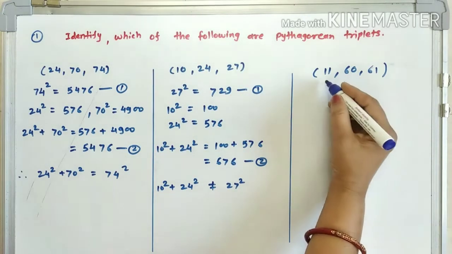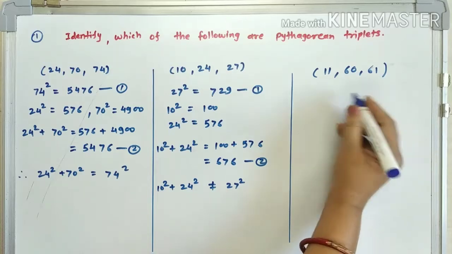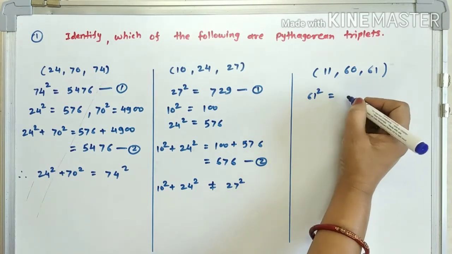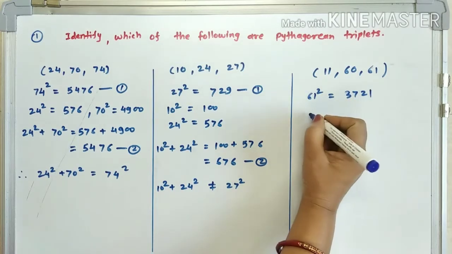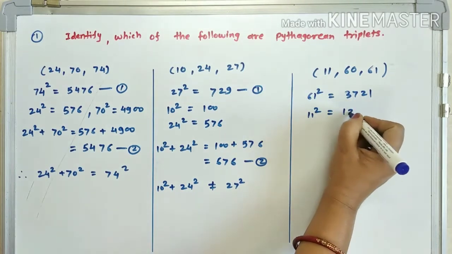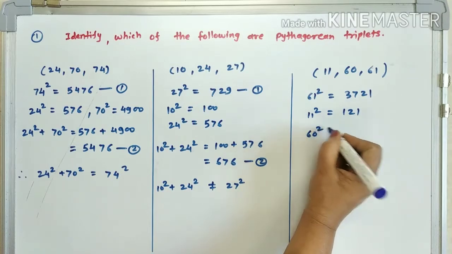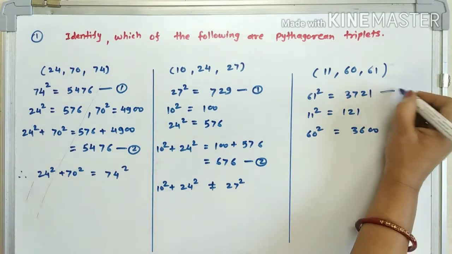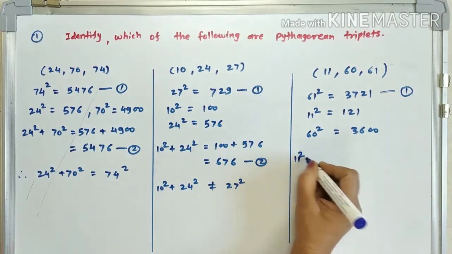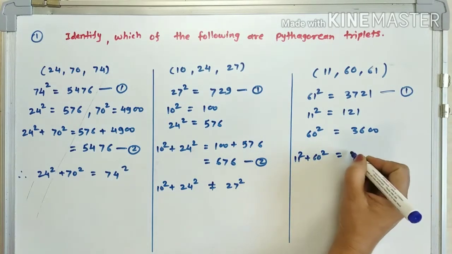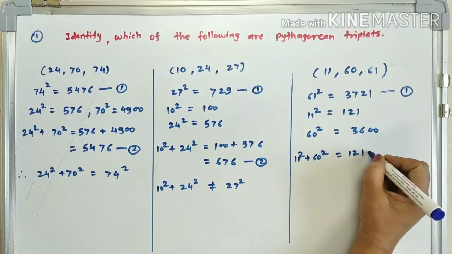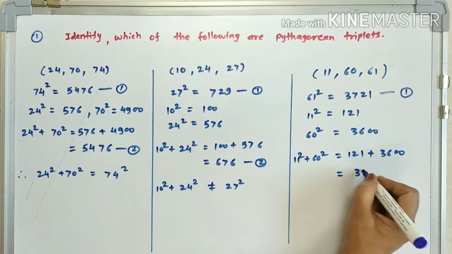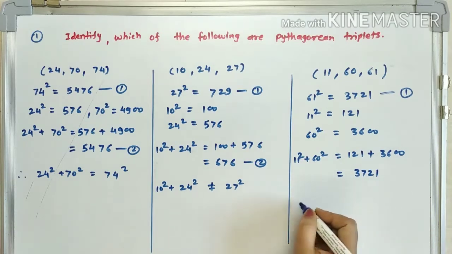Next is 11, 60 and 61. The largest number's square, 61 square, equals 3721. 11 square equals 121 and 60 square equals 3600. Now 11 square plus 60 square equals 121 plus 3600 equals 3721.